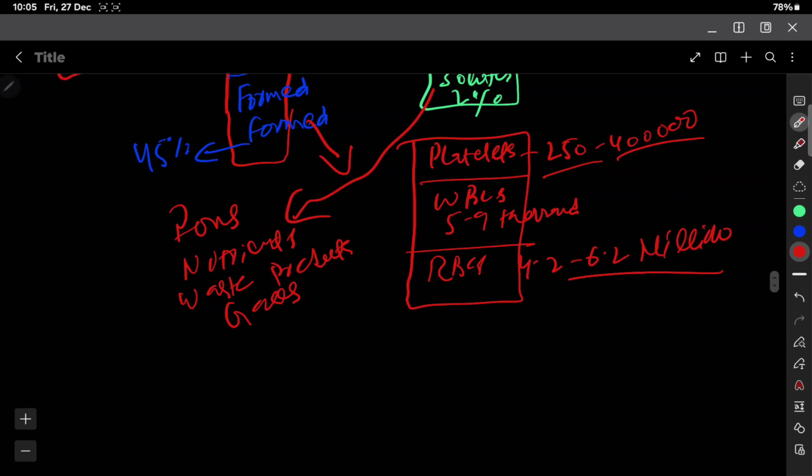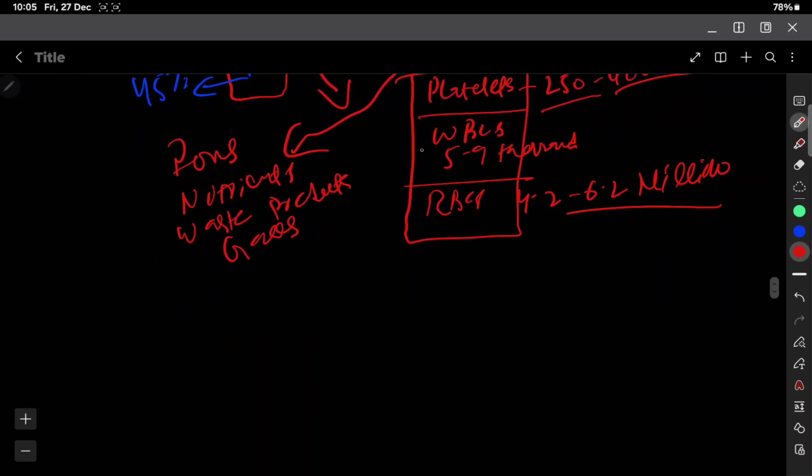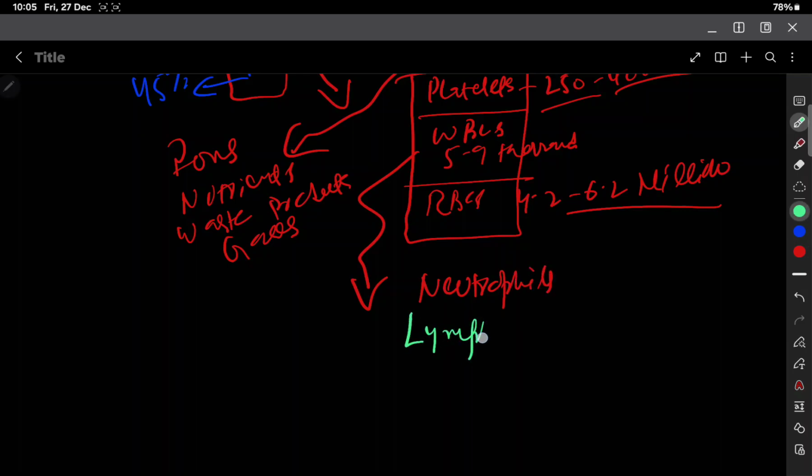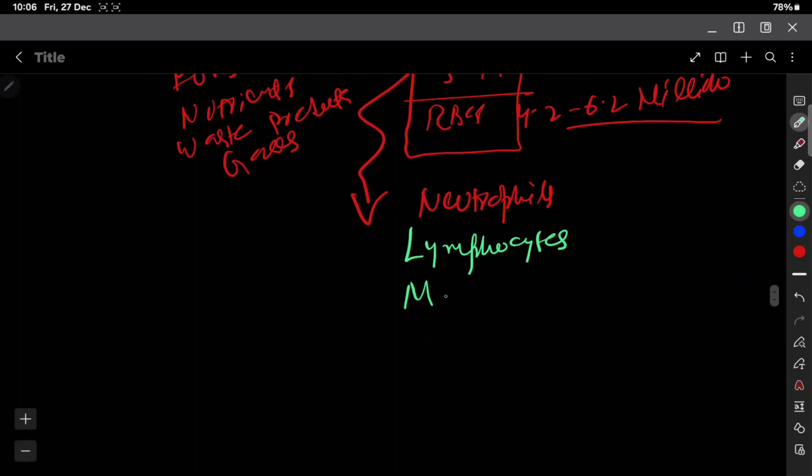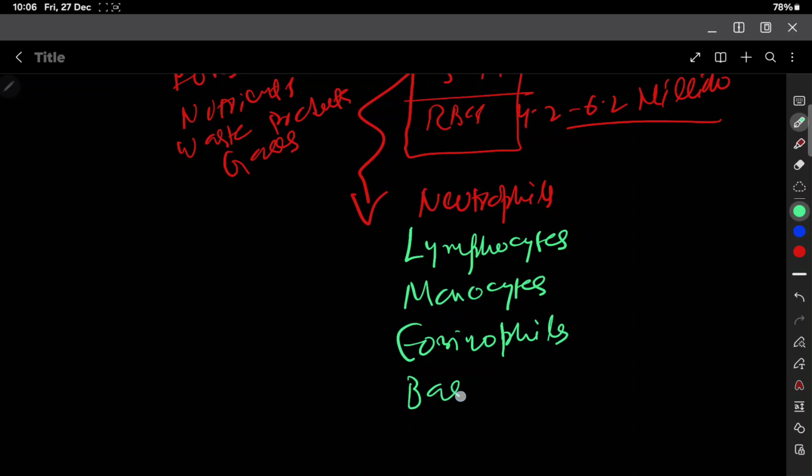Then we have platelets, then we have WBCs. There are different types of WBCs: neutrophils, lymphocytes, monocytes, eosinophils and basophils.